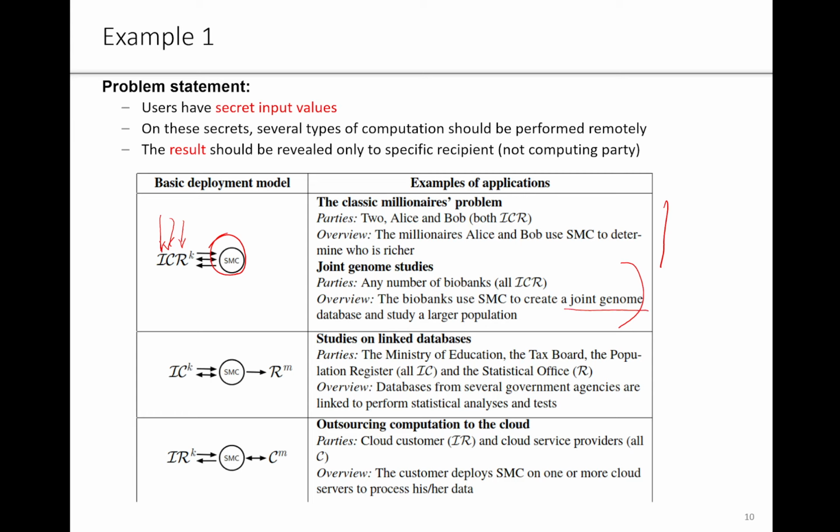They want to create some kind of join, or to check the overlap of their databases. So how can you have two databases, A and B, and basically either compute the join of it without revealing what you have, or compute the overlap?